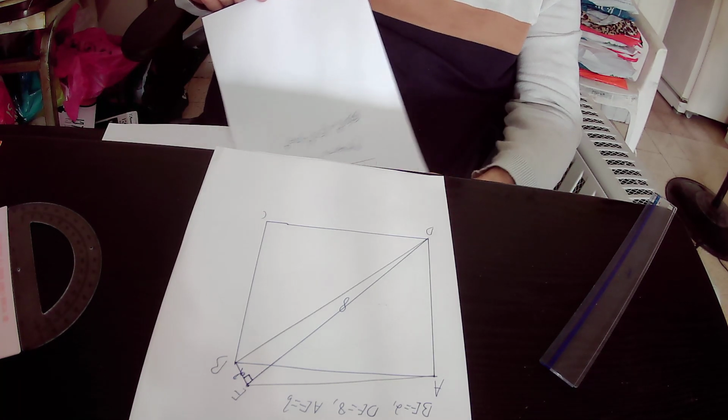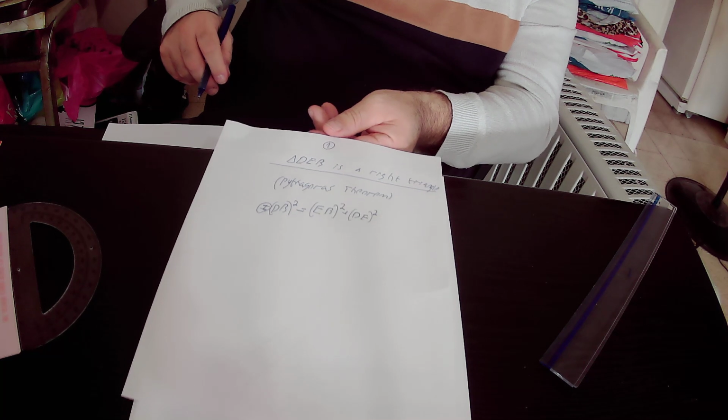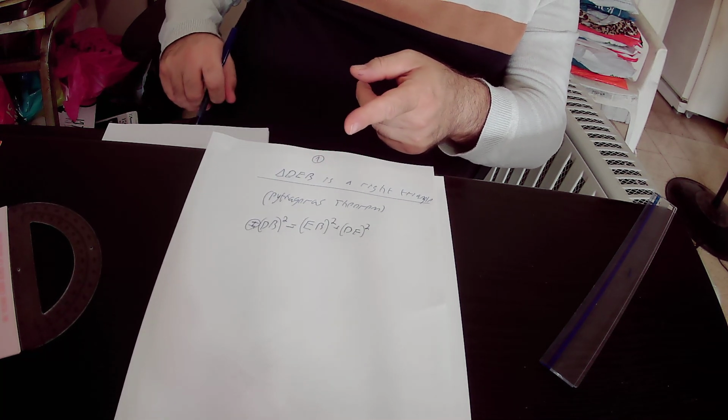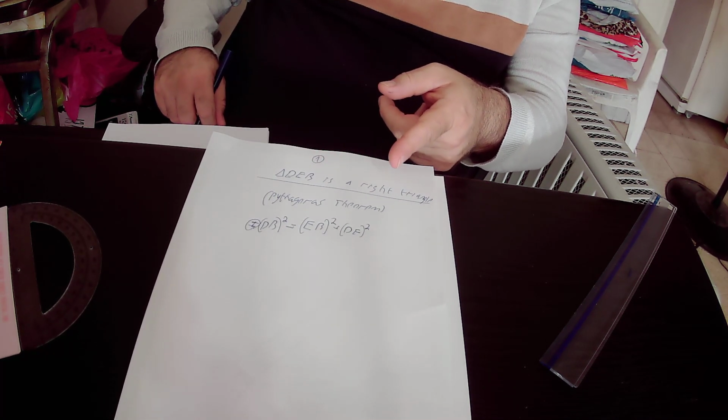Okay, according to the Pythagoras theorem, in the right triangle DEB, DB square equals EB square plus DE square.